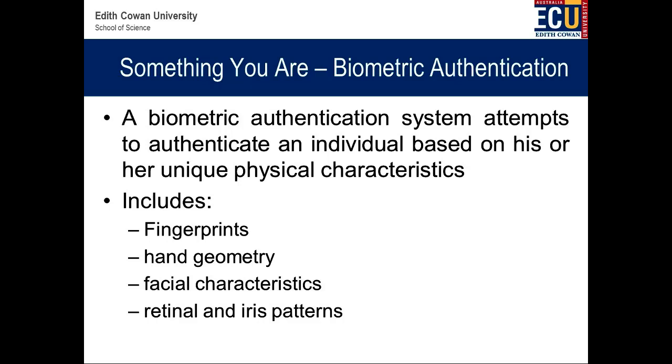So what is a biometric authentication? A biometric authentication system attempts to authenticate an individual based on his or her unique physical characteristics. And what are those unique physical characteristics? Your fingerprints, your hand geometry, your facial characteristics, your retina, and your iris patterns. These are just a few examples.